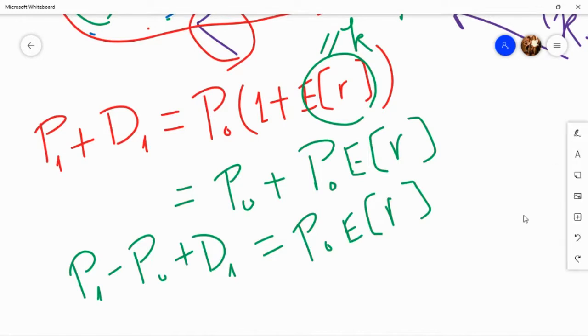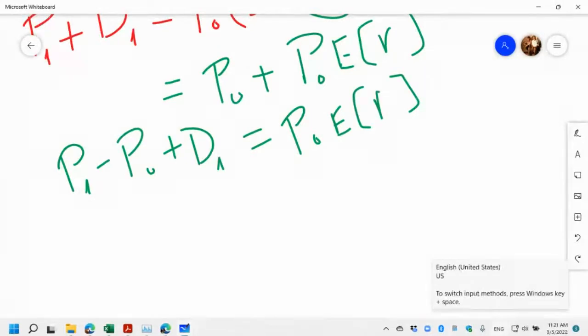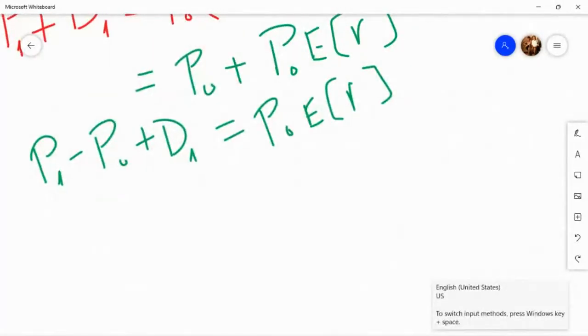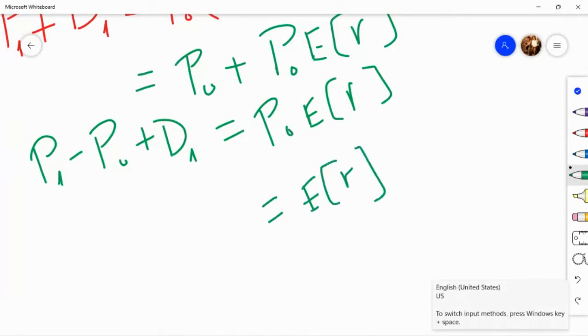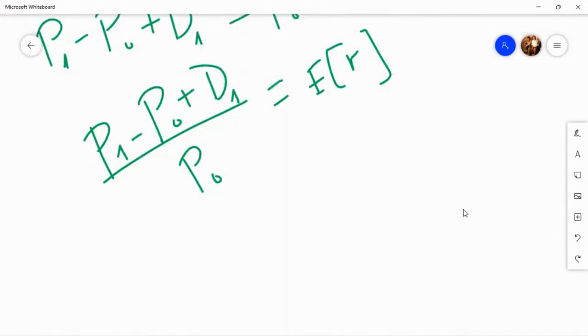And then isolate only the expected return. At least this type of math, you shouldn't be uncomfortable with. This is very basic, right?